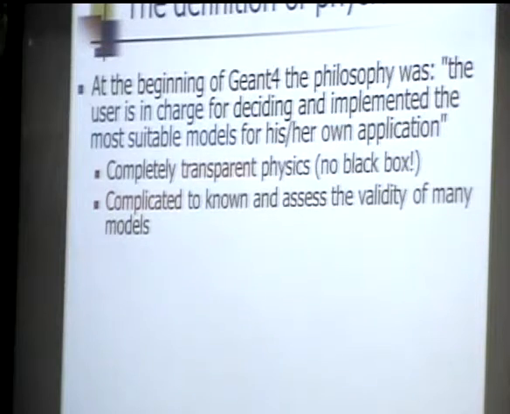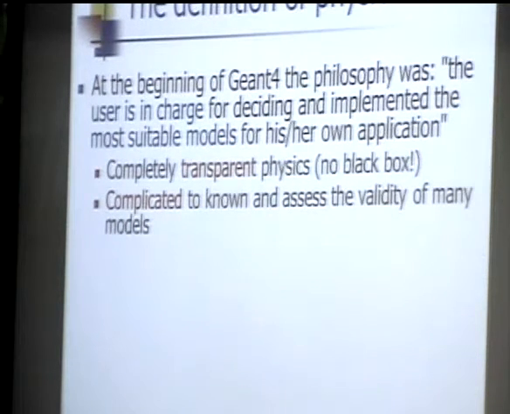The philosophy of the physics list in Geant 4 has changed a little bit since the beginning. At the very beginning, the philosophy was, okay, you are the physicist. You know exactly which physics you want. It's entirely up to you to define which is the best model for your simulation. This is the most flexible way, so you have complete freedom of changing the physics, but it is complicated.